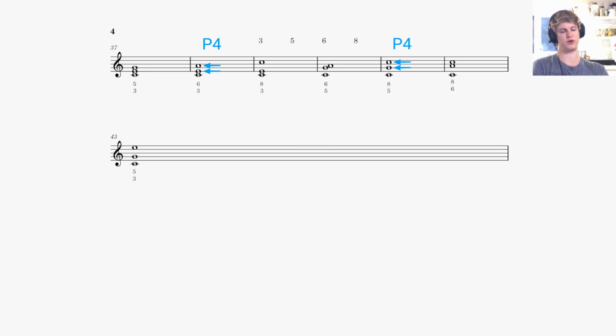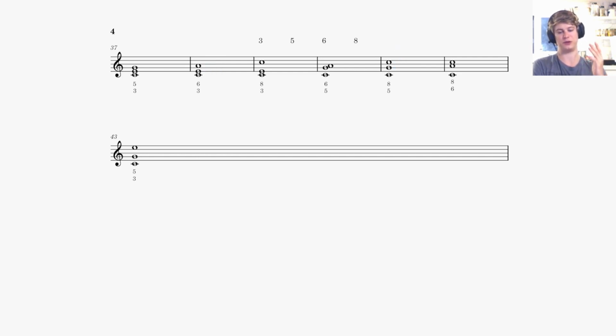Since the fourths are going to be treated as imperfect consonances, this means you will have no problem approaching the fourths in direct motion, or even doing parallel fourths. This is perfectly fine. Since it's an imperfect consonance, it would be similar to doing consecutive thirds and sixths. And to take that even one step further, we technically will be able to do parallel fourths as well as consecutive fourths, and I will explain that in a second.